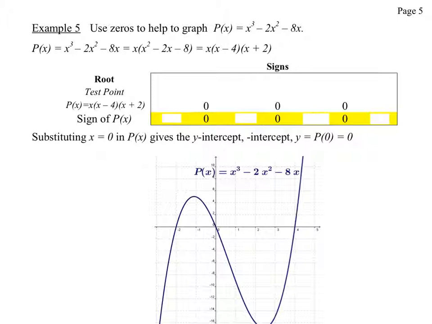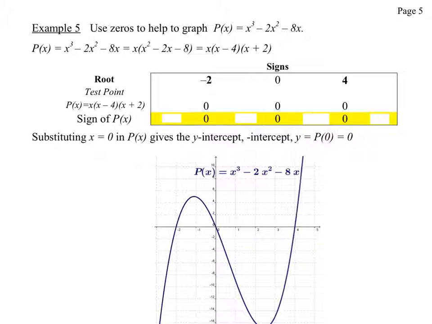That gives us 3 roots: a root at negative 2, a root at 0, and a root at 4. Those numbers come from x equals 0, x equals 4, and x equals negative 2.